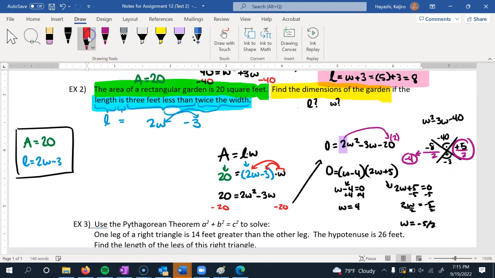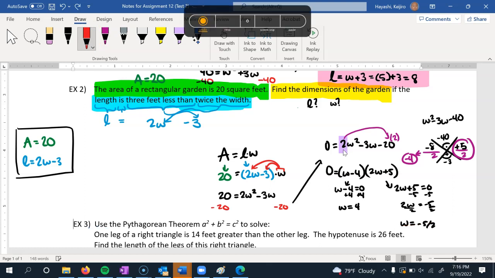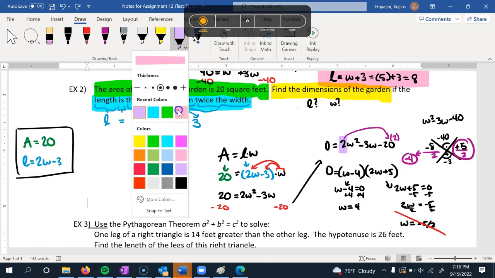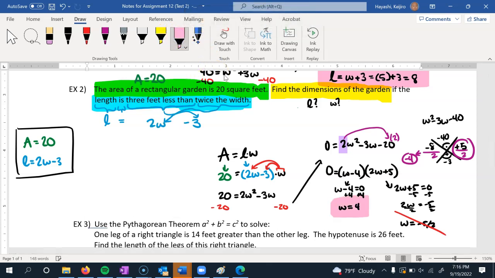Now, out of these, which one is not a realistic width? Negative 5 halves. It shouldn't be negative. So the width is 4. And now that we know the width, finding the length should be easy. Where can I plug in this width of 4 to find the length?